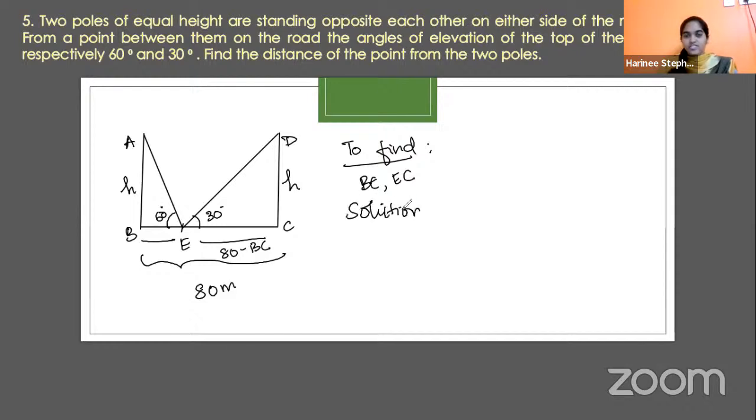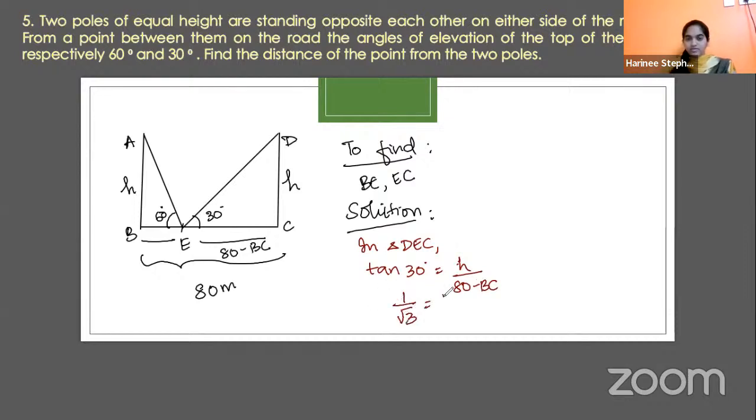And here, which trigonometric ratio will be helpful for us? Tan, obviously, because hypotenuse is not included. So let us take in triangle DEC. Tan 30 degree is equal to h upon 80 minus BE. You can even consider that as EC and take the other one another way.